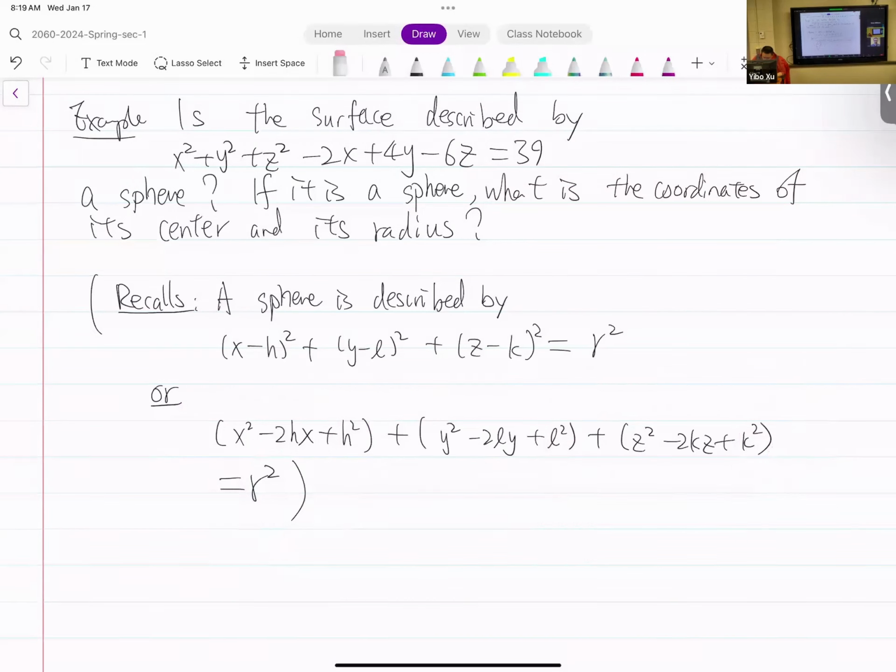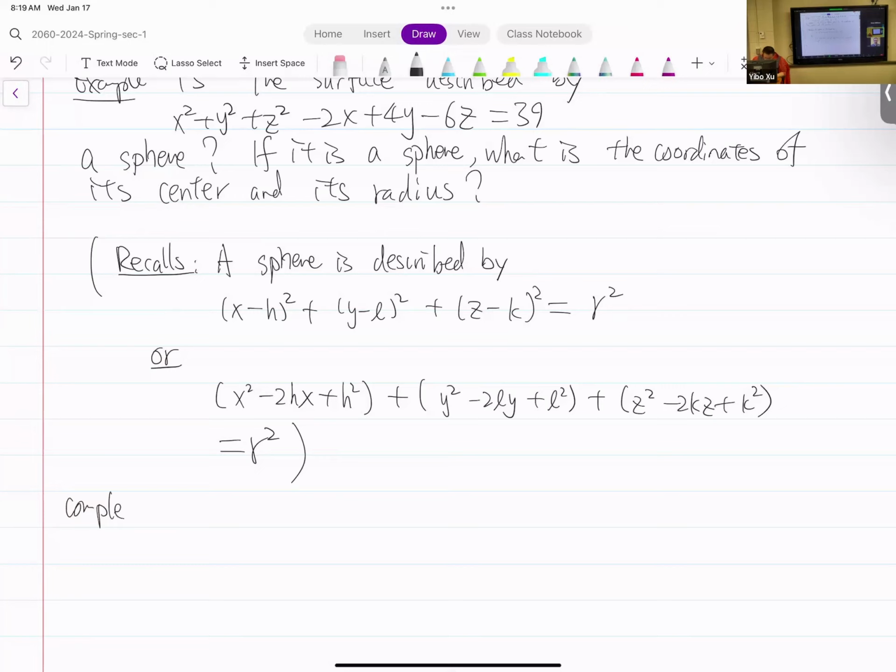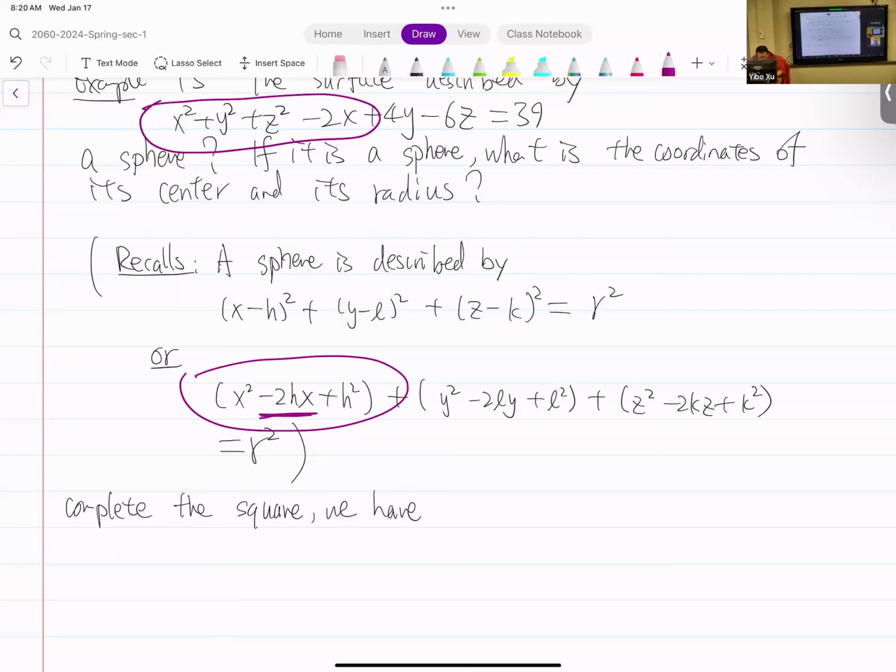To complete the squares, we have the following. So basically, notice for these expressions, the form is like x squared minus, we have the x portion, but now we have 2hx. So from the equation above, we want to identify what is h, right?